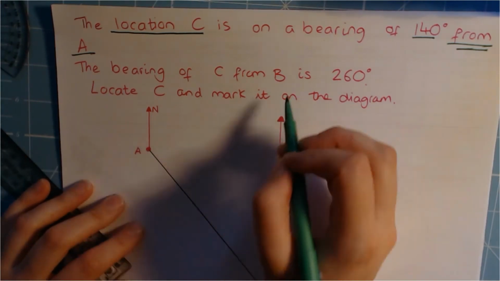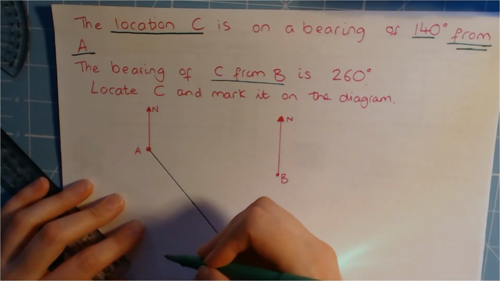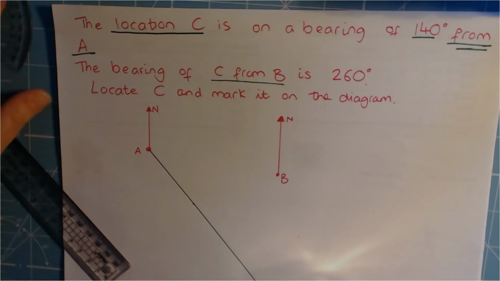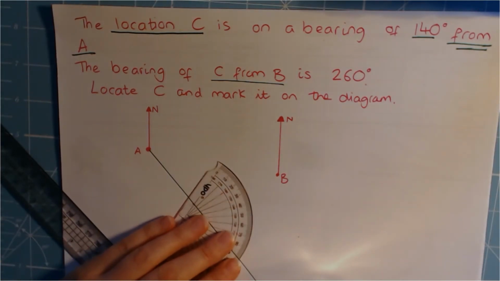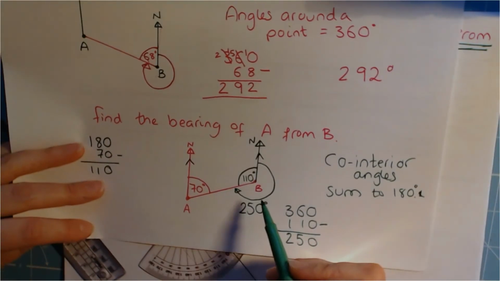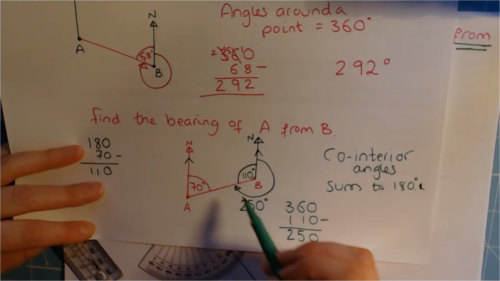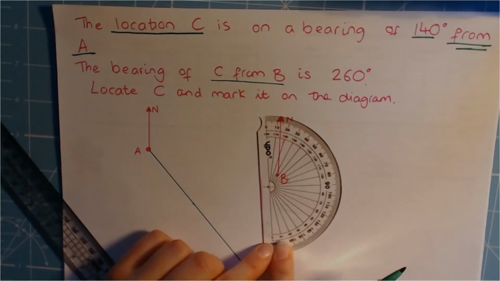We also know, though, C from B, so coming from B to C, is 260 degrees. Now, the best way to do this is the same way we did on the last questions. Do you remember when we did these and we considered that it was 360 for the whole thing? Because of course 260 is bigger than what I've got on my protractor.